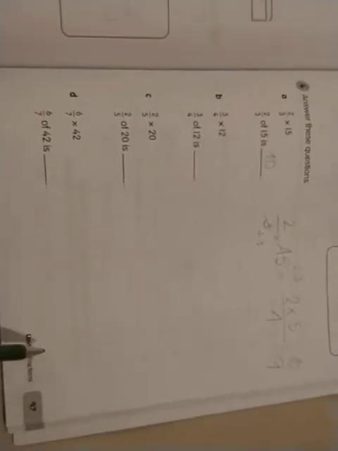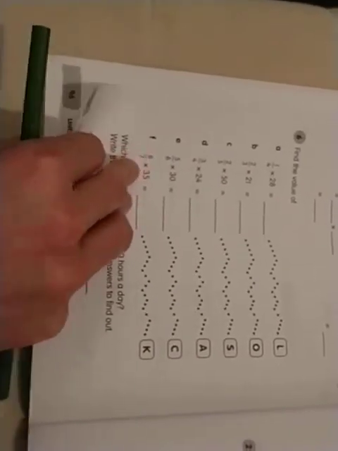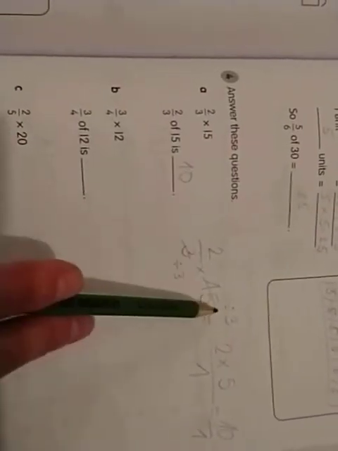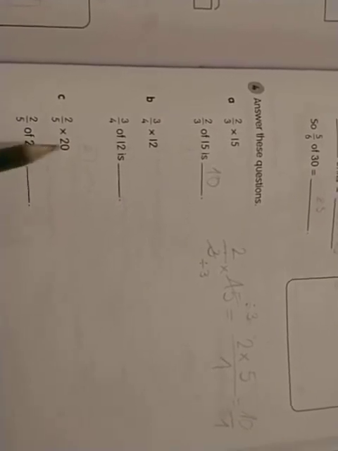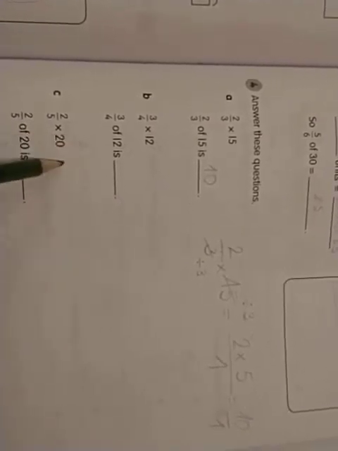In your practice book, it's page 97 and page 98. So please, you will do independently page 97 and page 98. And what I want from you, you can see my explanation here, answer these questions. So here you do this multiplication, exactly the same thing as I did now in the textbook.